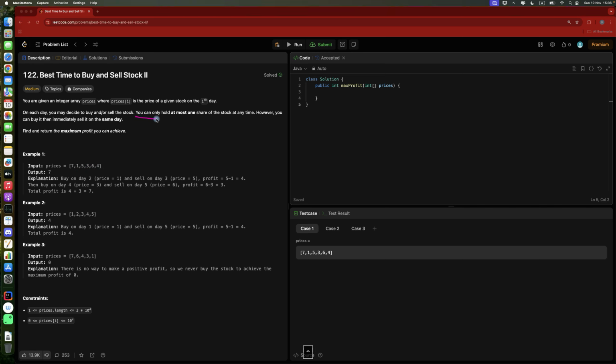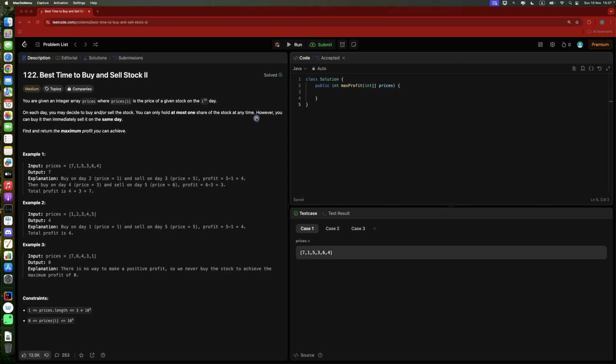But at most one share of stock at any time means we cannot make four buys, for example, here, 7 1 5 3, and sell on the fifth transaction. This means we can buy here, sell here, buy here, sell here. We cannot accumulate buys or sales.